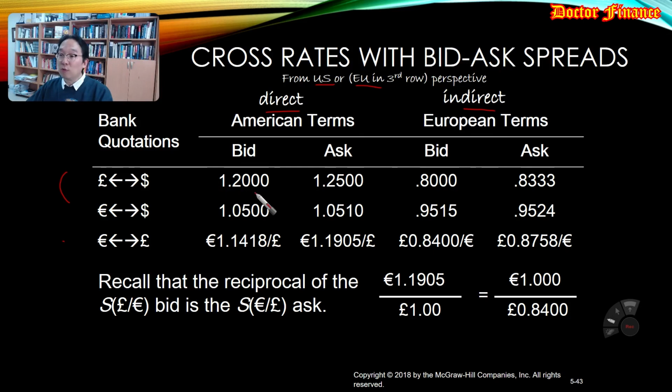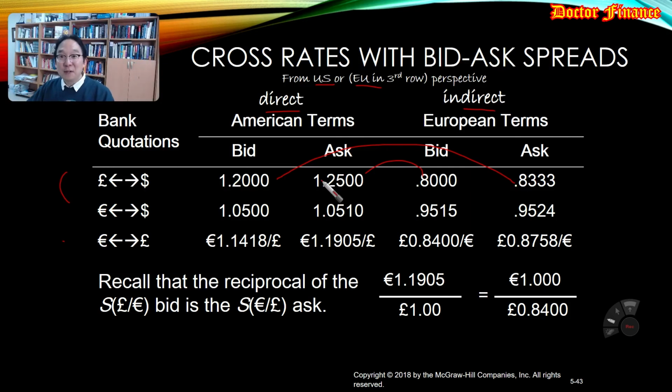So $1.2 per pound bid and $1.25 per pound ask. And if you take the reciprocal, it works like this. Your direct perspective's bid price is the indirect perspective's ask price. And again, your indirect perspective's bid price is the direct perspective's ask price.